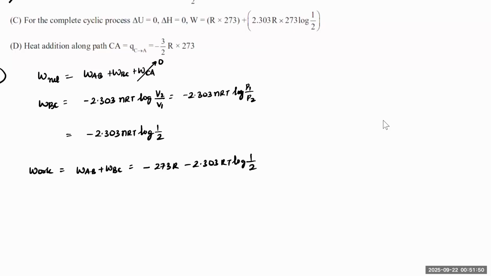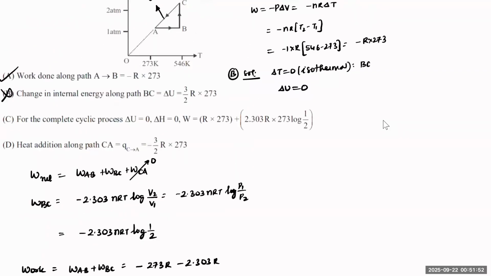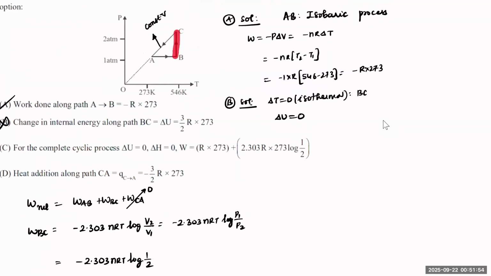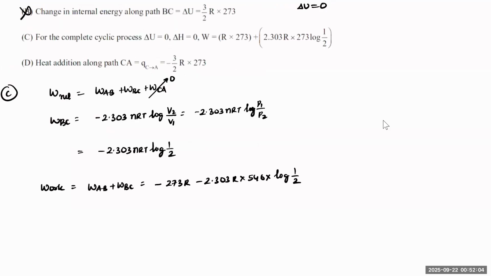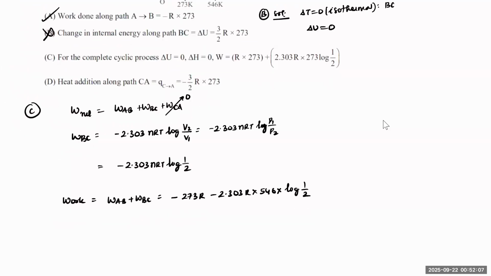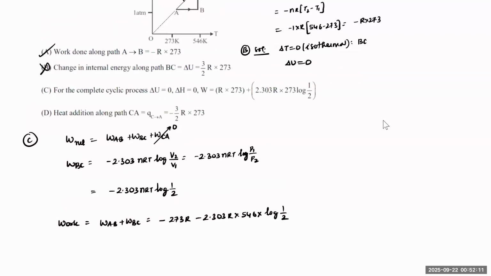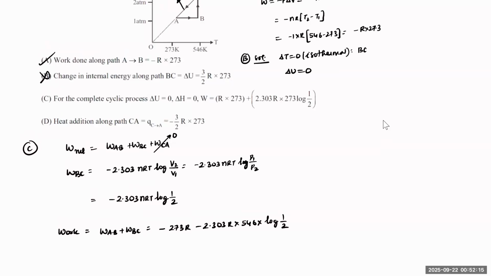And T being the temperature at this particular value, you know how much it is? B to C, temperature is 546. So that into 546 times log of 1 by 2. This is what it should be. But you see, this formula is not coming out exactly correct. Check it out. Clear? So C is also incorrect.